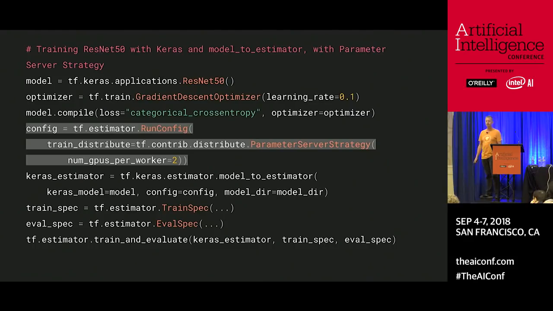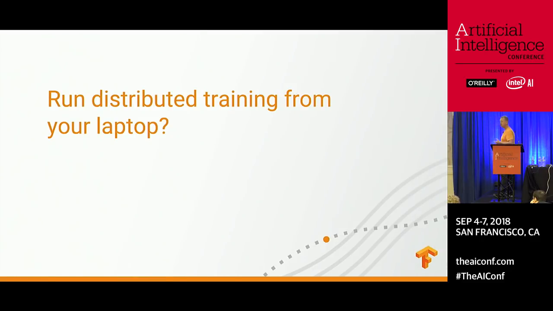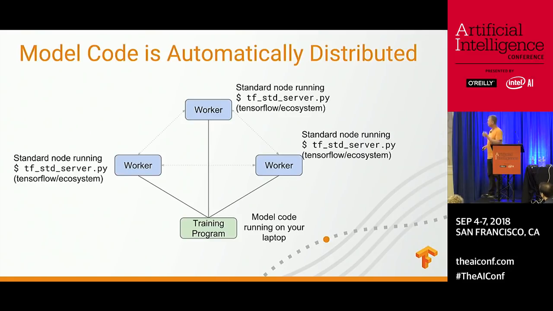Very, very few lines of code need changing, even though we're talking about a massively different way of doing distributed TensorFlow training. All right, there is one more configuration that we are working on. I think we will have a release of this in 1.11, at least so you can try out. And that is a really, really cool setup where you actually run distributed training from your laptop. In this particular case, you have all of your model training code here.